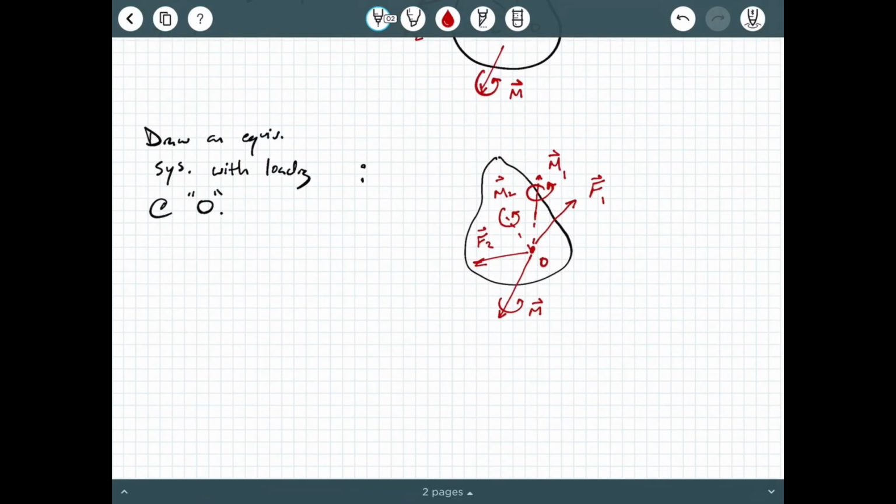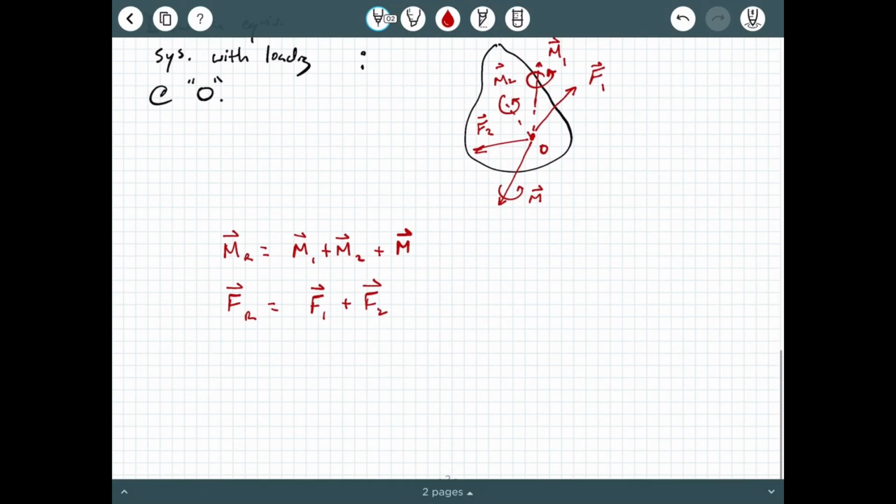Then we can say that a resultant couple moment is equal to M1 plus M2 plus that original M that was acting on the original body anyway. And then we have a resultant force equaling F1 plus F2. So finally, the equivalent system is going to look something like this.